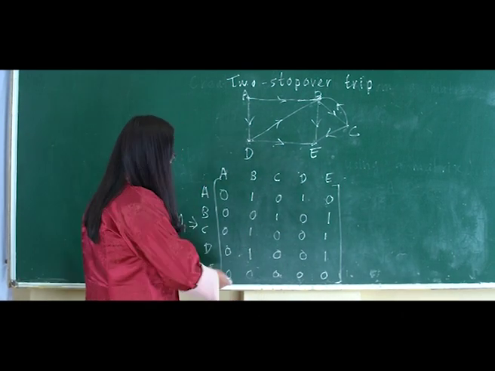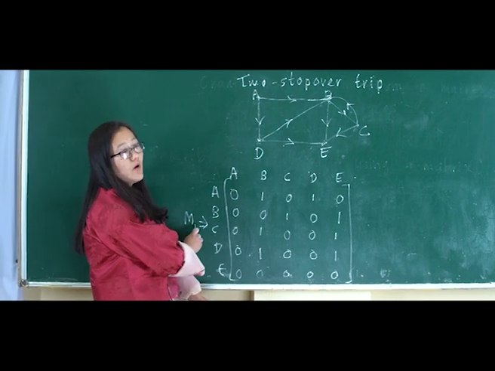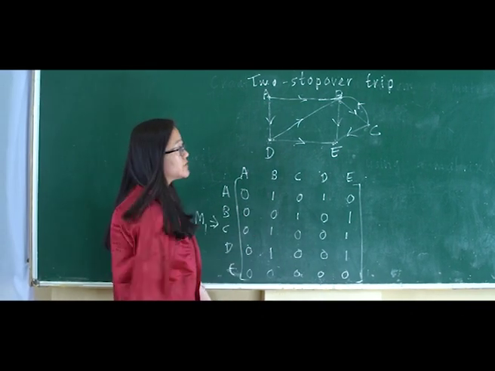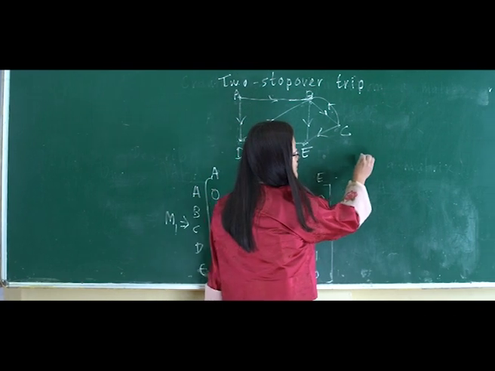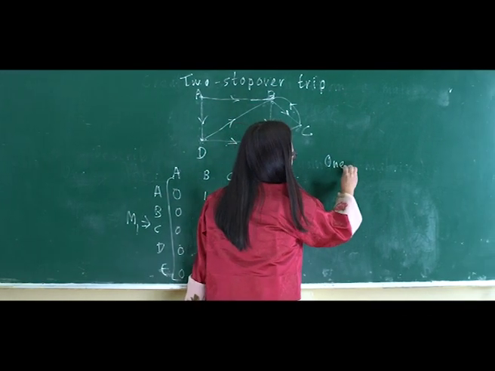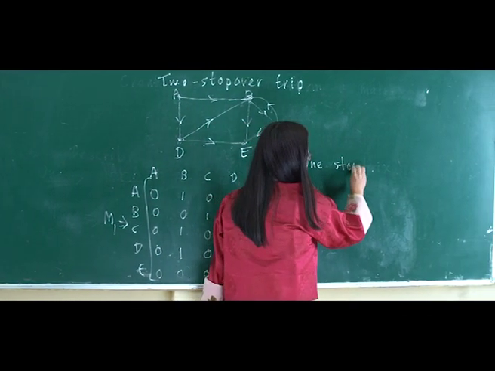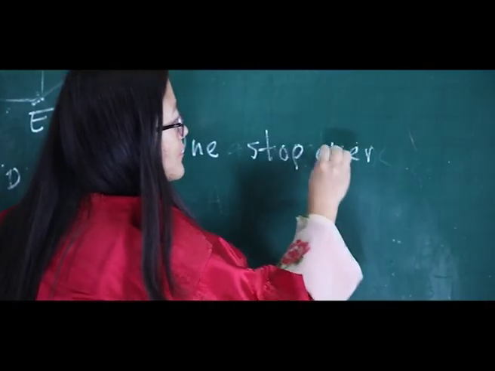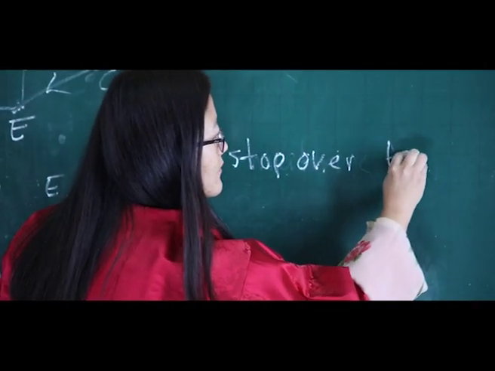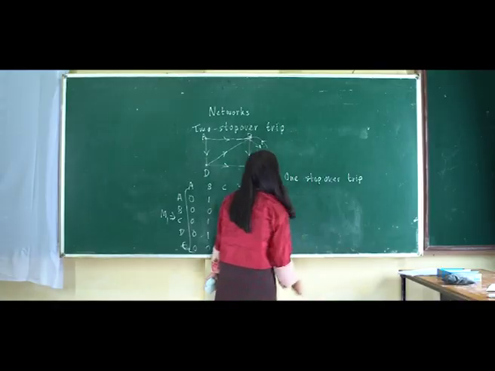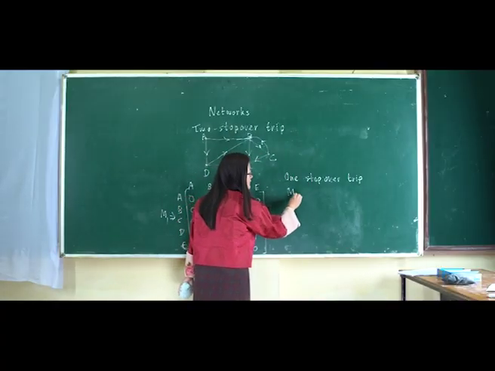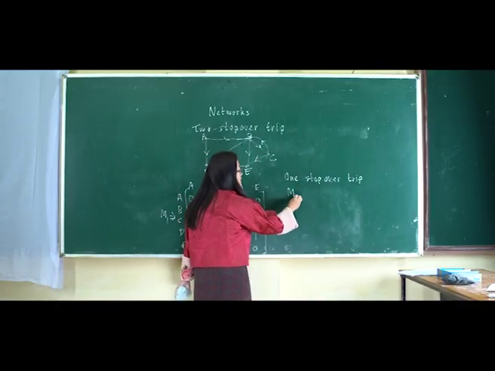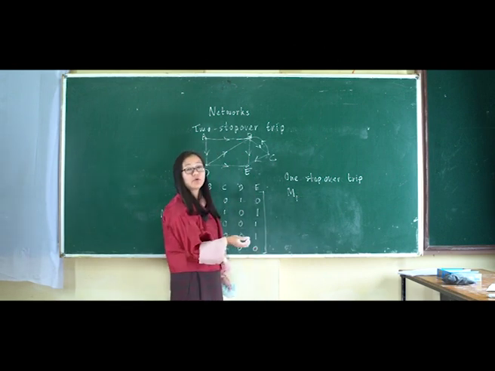So with that, let M1 be the matrix. To find one stopover trip, M1 that I have has to be squared.